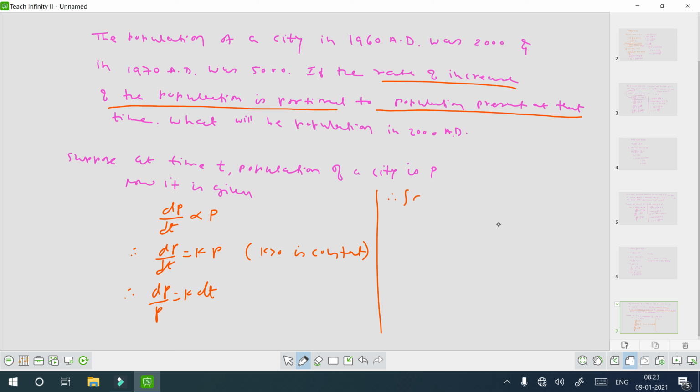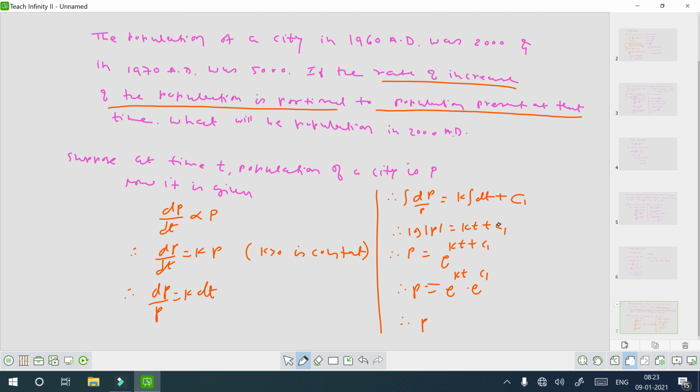If we integrate it, dp by P is equal to k times integral dt plus C. So log of magnitude P is equal to kt plus C. So P is equal to e raised to kt plus C1. So P is equal to e raised to kt into e raised to C1.